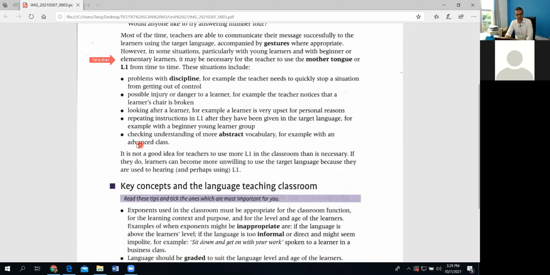So when you are instructing, it is also allowed to repeat the instruction in the mother language. The next one is checking understanding of more abstract vocabulary, for example, with an advanced class. Or if you have an advanced adult class and there is a word which is abstract, very confusing, and you cannot make it clear to them in English, there you can give an example in the mother language to make them understand.